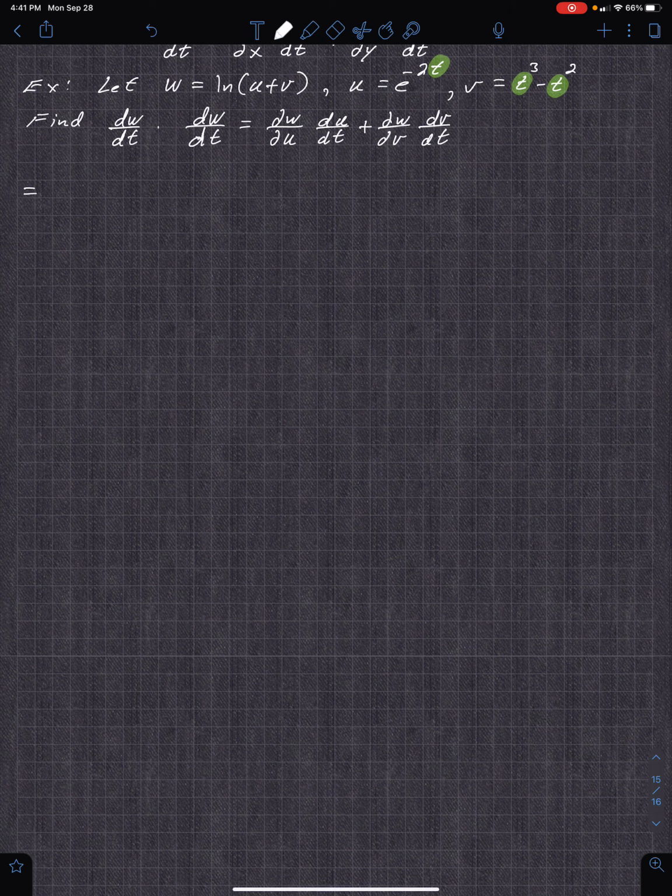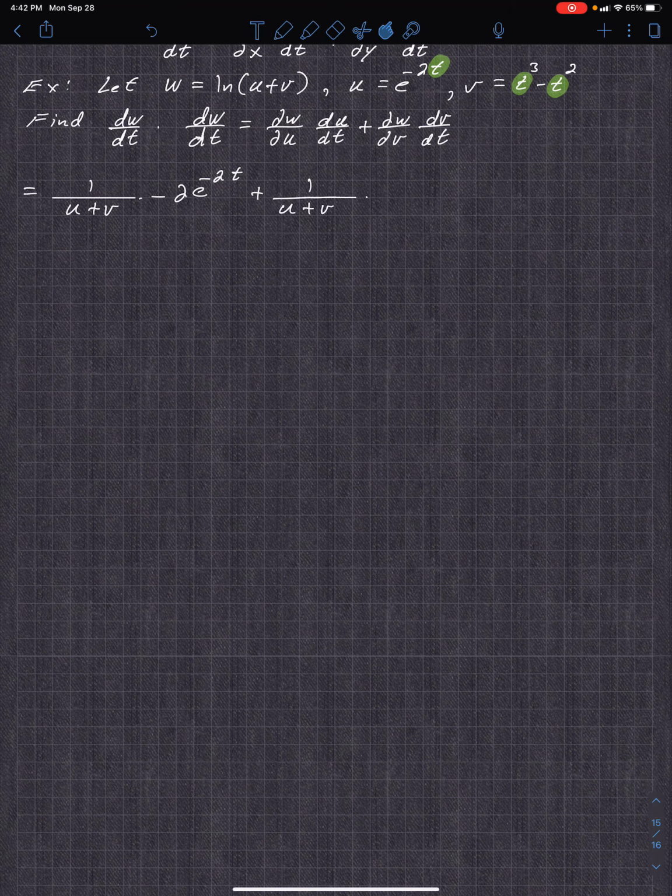So derivative of natural log will be 1 over u plus v times the derivative of u with respect to t. Well, no, it's only t, so it's just dw dt, right? And so that is negative 2 e to the negative 2t plus 1 over u plus v.